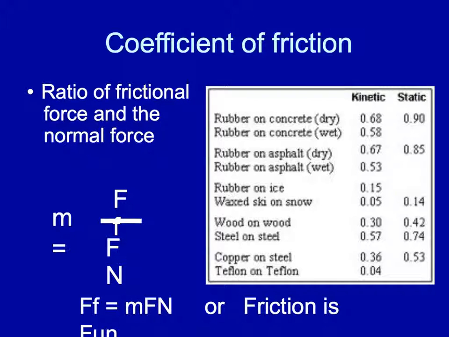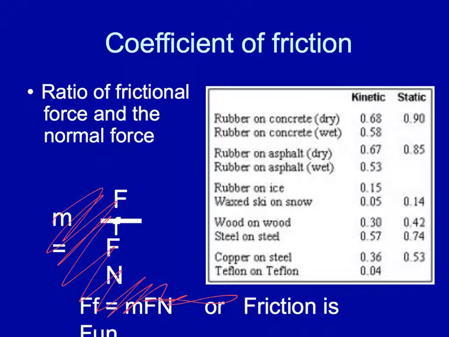Now, the coefficient of friction. We're going to cross all that out because that didn't copy over right. Friction is fun, though, is the way to remember it. The force of friction is equal to mu times the normal force. And the easiest way for me to remember that is that friction is fun.